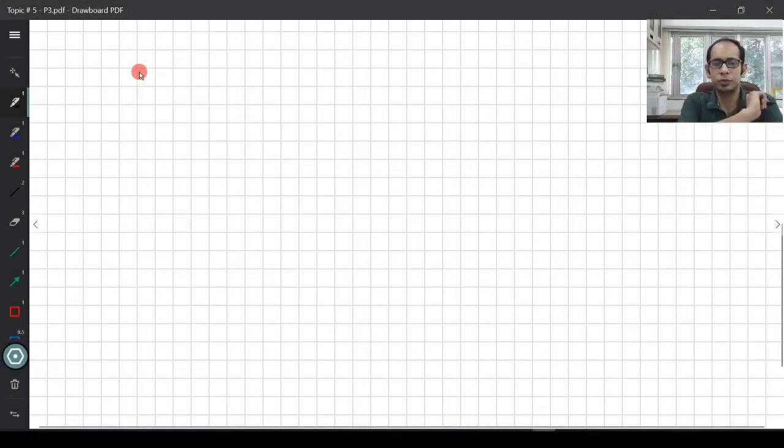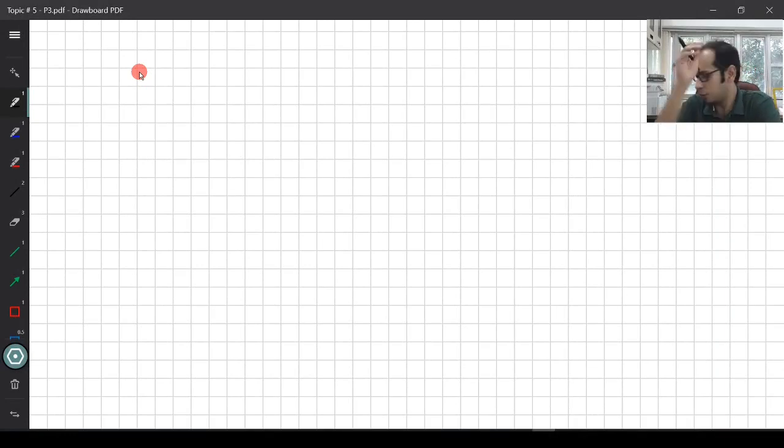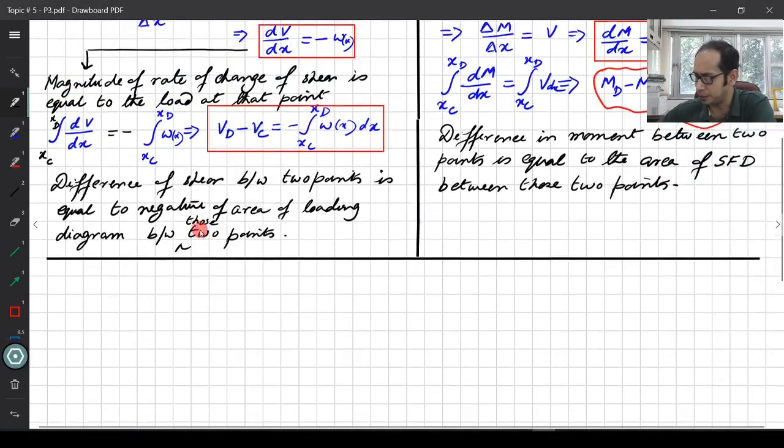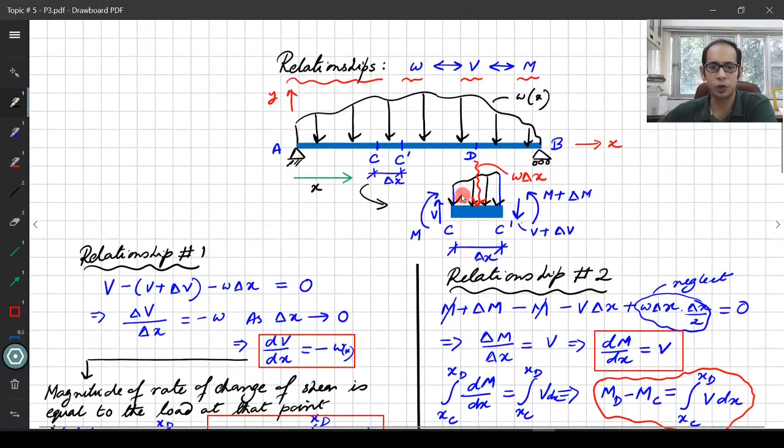The relationships we just looked at were for a small element with a distributed load acting on top of it. Let me scroll up the page and show you. This is what we had looked at, right? But for the next two relationships, this is not always the case because you can have a point load and a concentrated moment. So relationship 3 and relationship 4 relate to the point load and the concentrated moment.